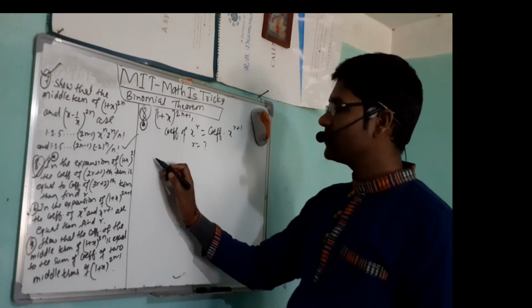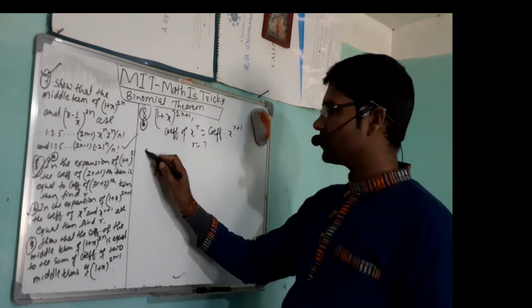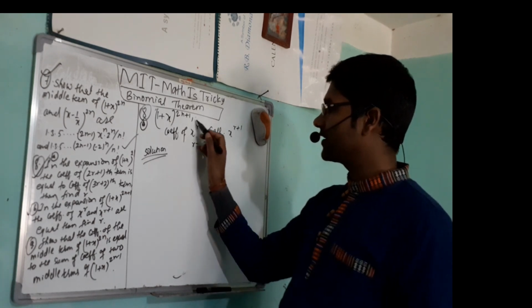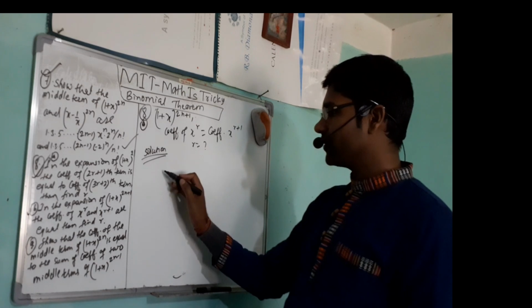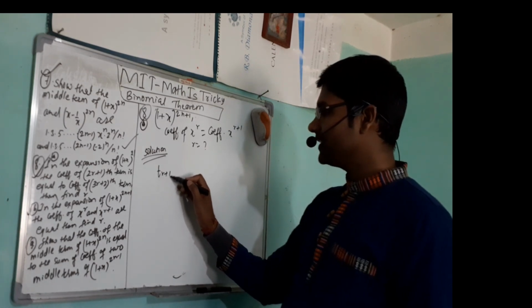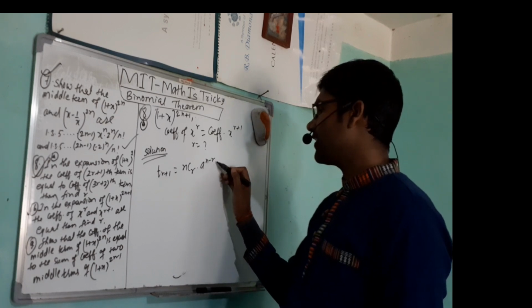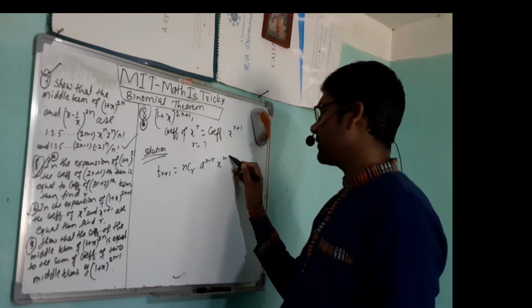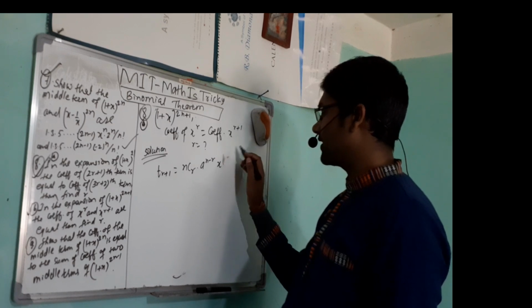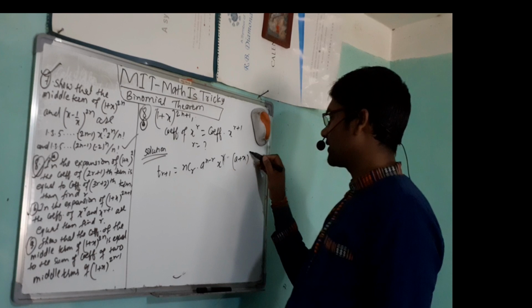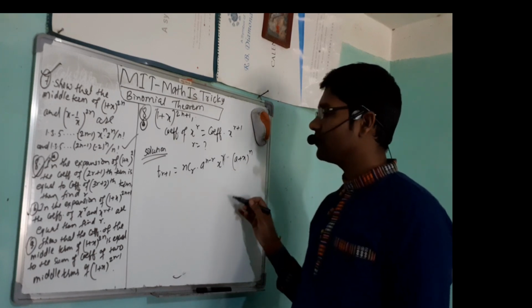Now again, as before, let me first explain how we write the coefficient of x^r. As we know, T(r+1) equals nCr a^(n-r) x^r, for (a + x)^n.